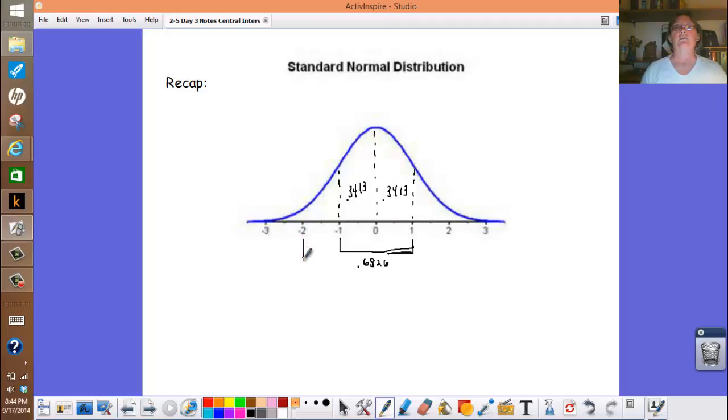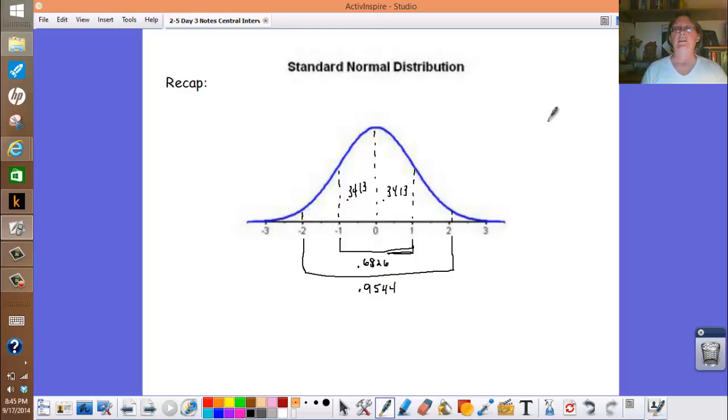We just figured out the percentage that's between positive and negative 2 standard deviations, and that was 0.9544. Was that right? Yeah. Now, to come up with these little pieces, we have to do a little work.